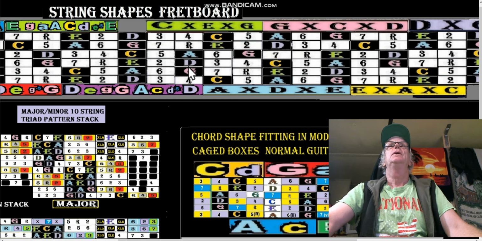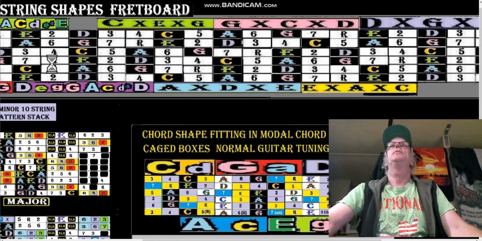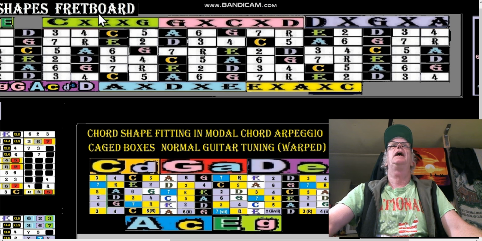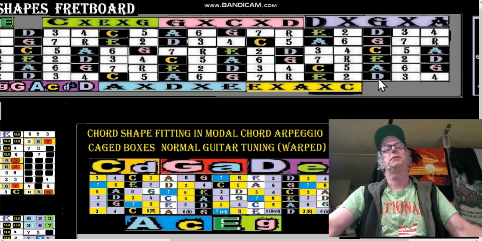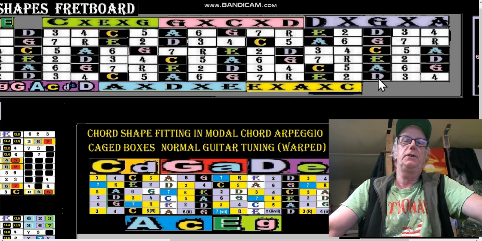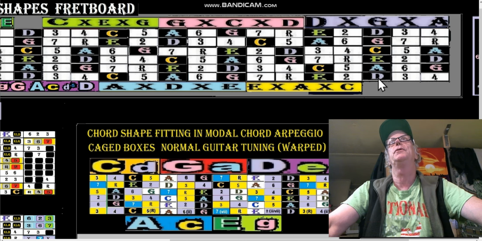Once again, with the boxes, and I have slightly different labels up here, I just have the first, the fourth, and the fifth. We've got C, A, G, E, D in cages, complete pentatonic scale inversions. But then also we have C, A, G, E, D in string shapes, and the same relationship holds.